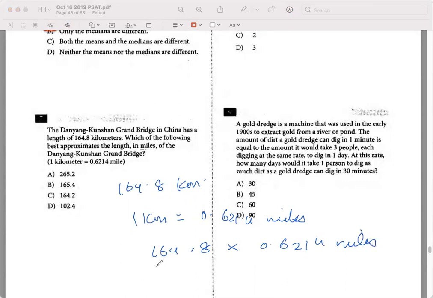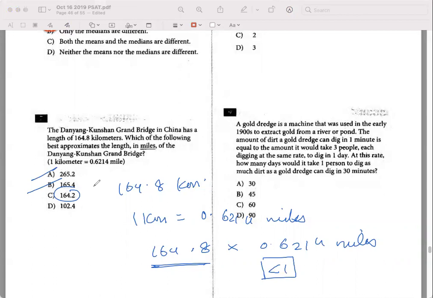I'm multiplying this 164.8 with a number that is less than 1, right? So my answer should be less than 164.8. And it should be substantially less because I'm multiplying it with something like 0.6, very close to half. So it can't be these numbers because they are greater than 164.8, and this is almost 164.8.